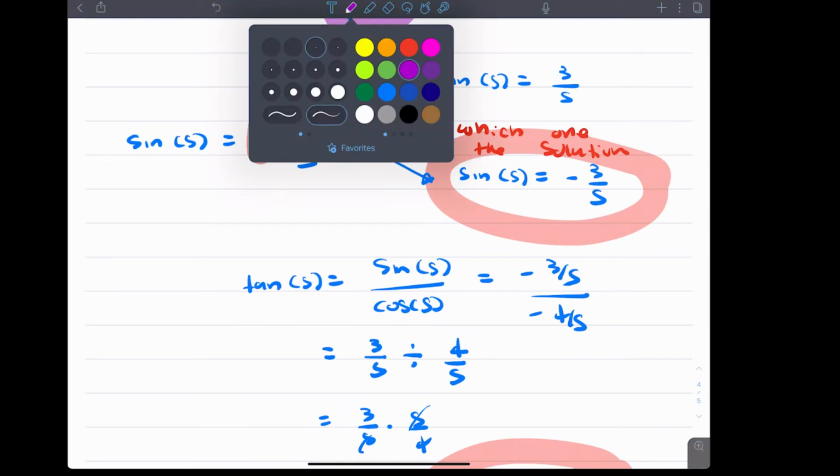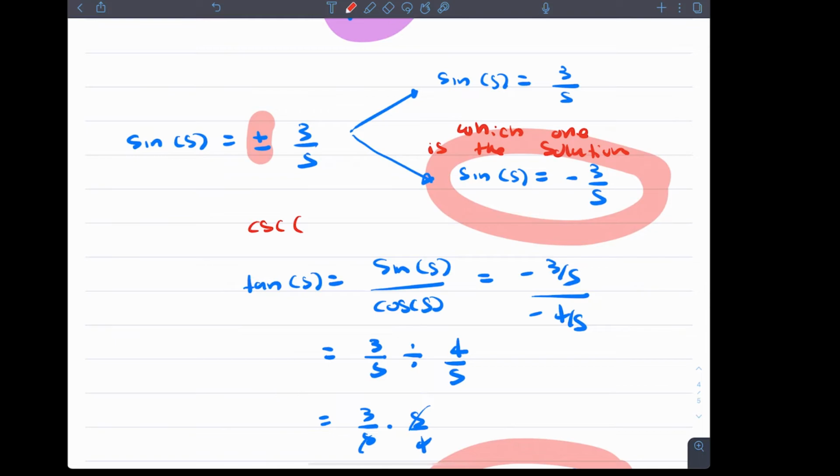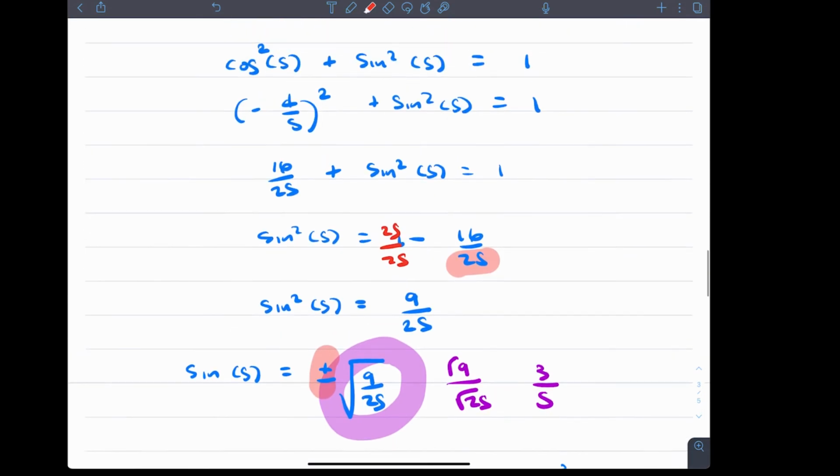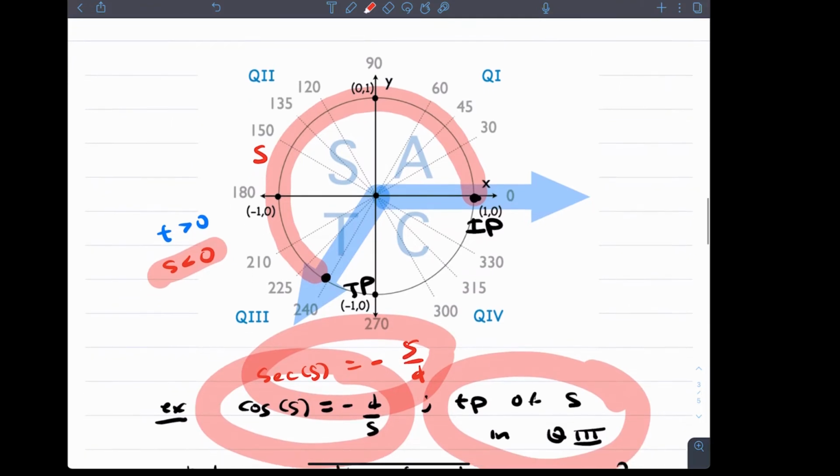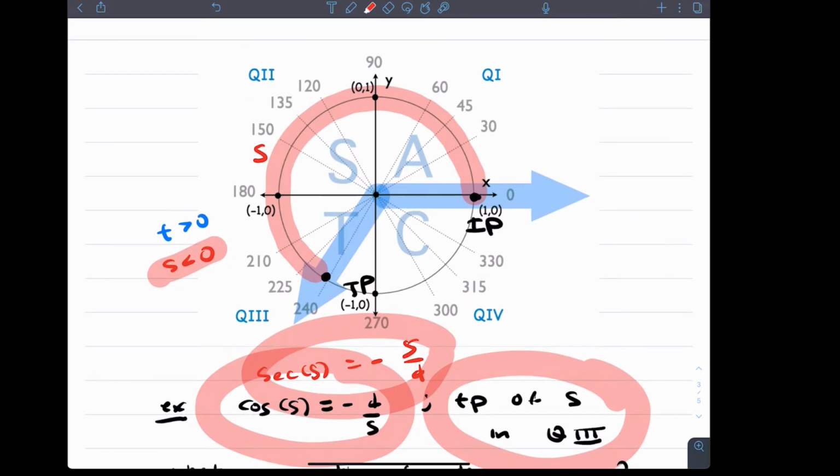Remember that? Cosecant s is negative 5/3. Flip that fraction over. And good. Reciprocal, and then secant. Reciprocal of cosine, it's negative 5/4ths. There you go. There it is.